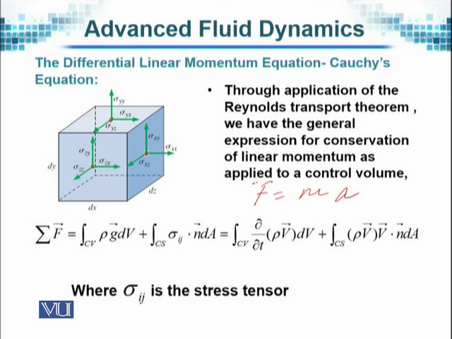So for F, we have to consider all the forces that are occurring, and for ma, we have to consider the fluid flow that is taking place in a real fluid with a mass m and its acceleration. So we will have the role of the velocity and the density and the forces all put together. According to Newton's law, we have to equate all the forces to mass into acceleration.